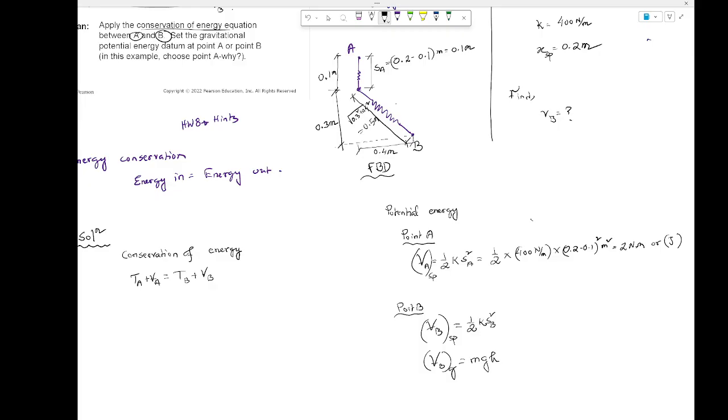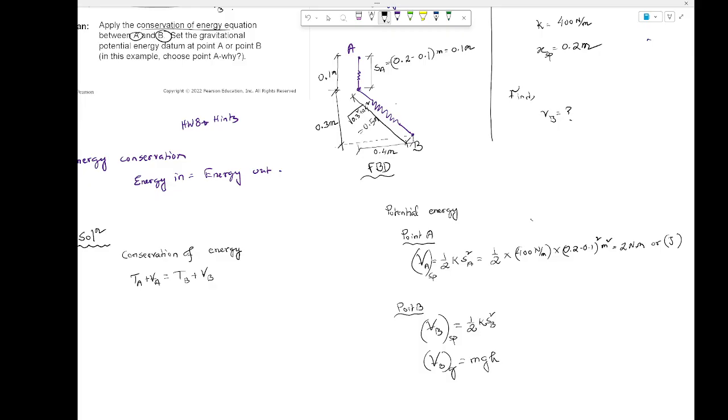All right, so the question is, how much of a stretch happened at point B for the spring? The spring initially is at 0.2 meter, unstretched condition. At point B, how long does the spring become? 0.5 meter. So how much stretch happened? 0.3 meter, 0.5 minus 0.2. You understand?